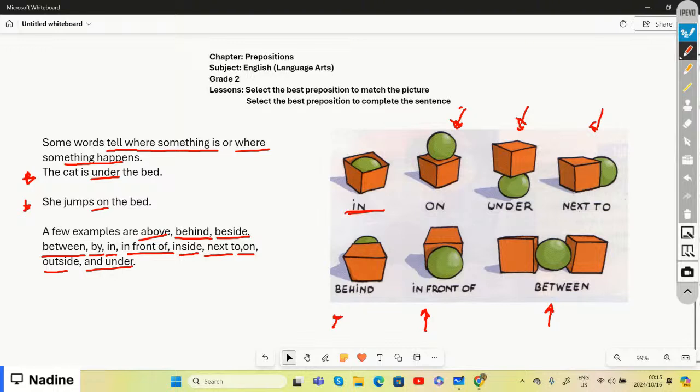All right. So these are prepositions, and like I say, prepositions tell us where something is, or where something is happening.